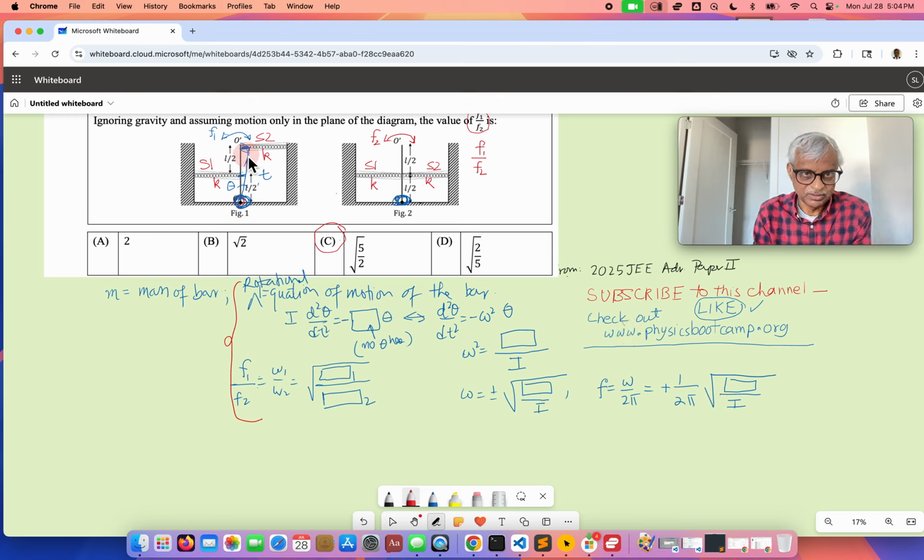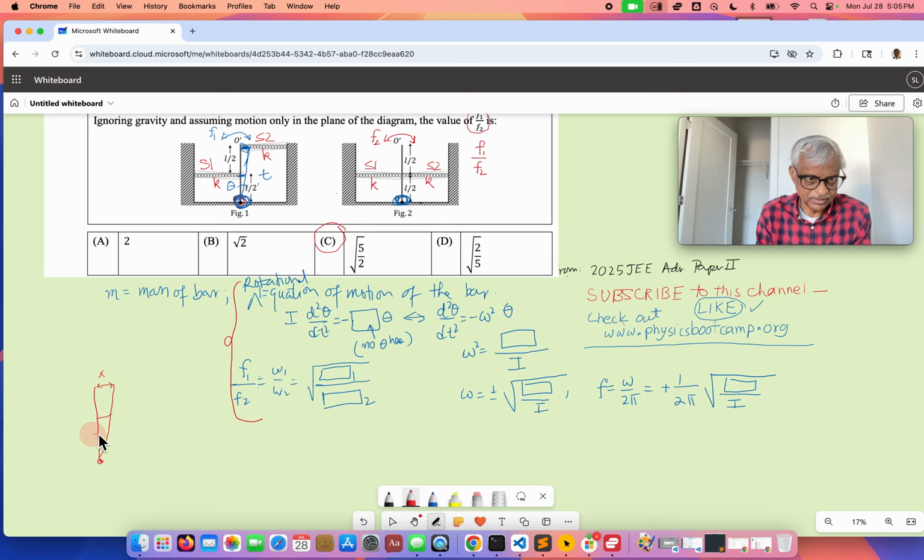So here, let's look at how to write the equation of motion for case 1. Let's call this x.